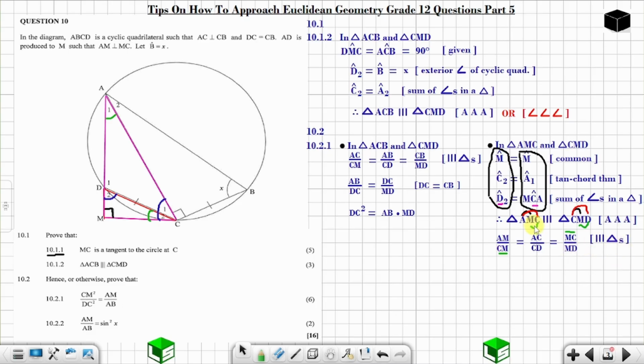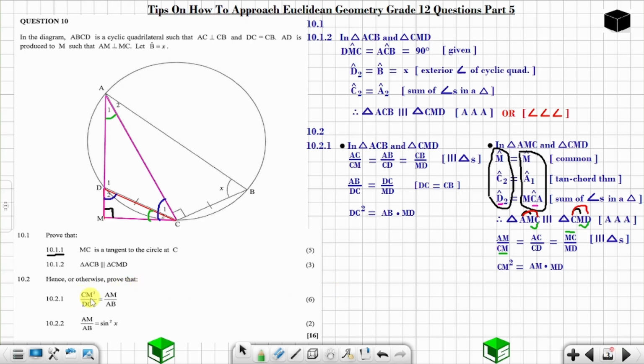Okay, you have similar triangles. For that reason, you can write the proportionality equation. So you are going to need this and this. You cross multiply. So CM times CM, you have CM squared equal to AM times MD. Okay, using this and this, you cross multiply.